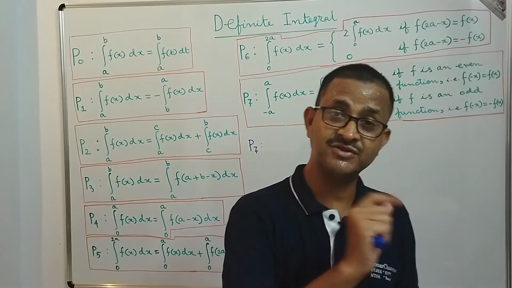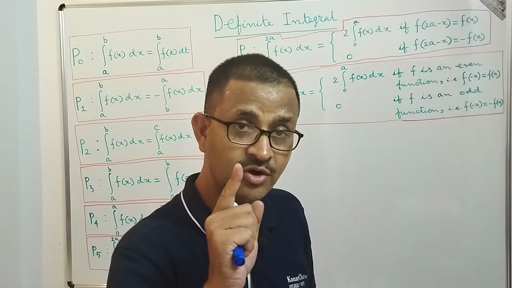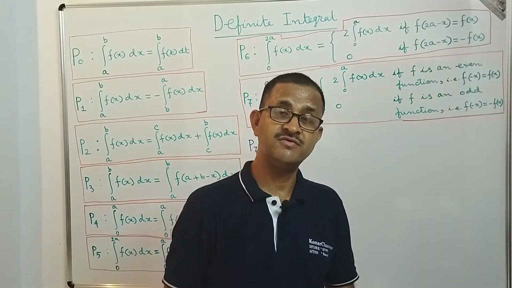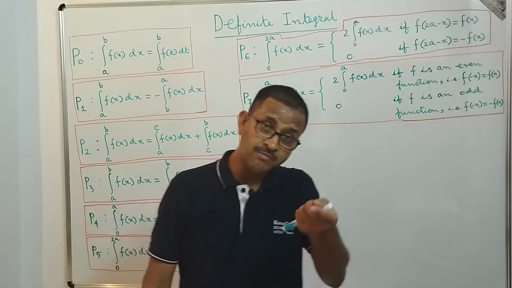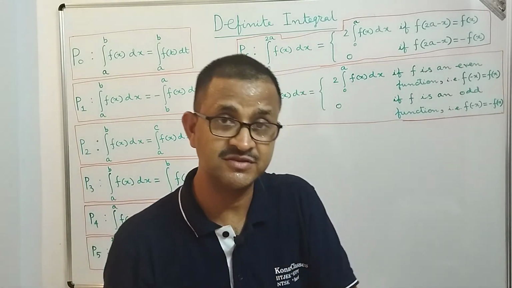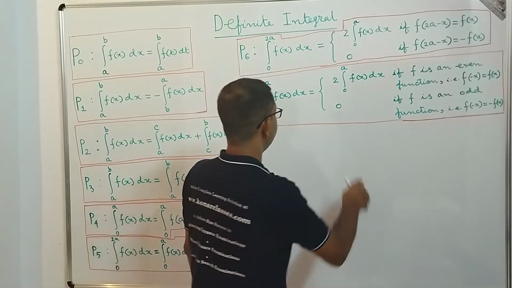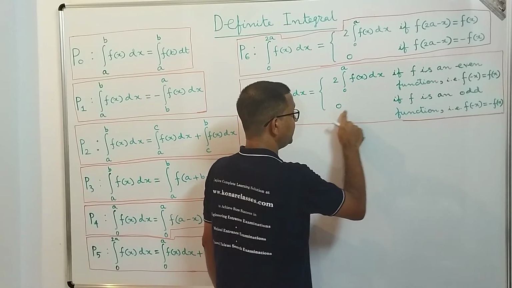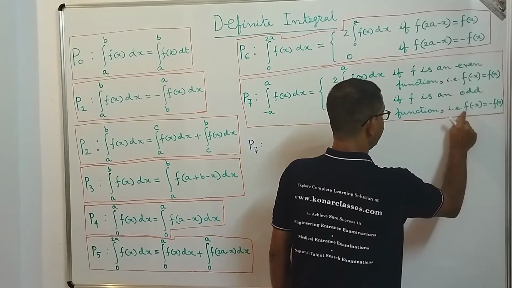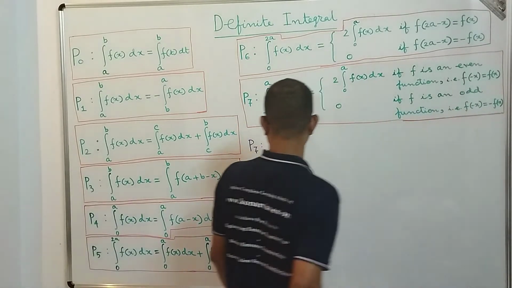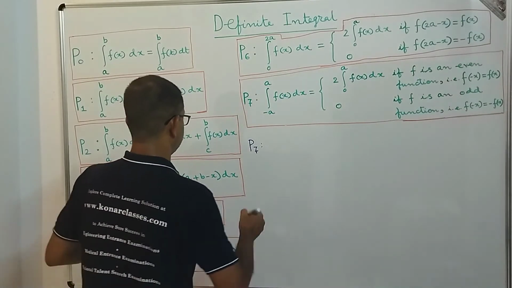If f of minus x equals f(x), then we call f(x) an even function, and if f of minus x equals minus f(x), we call f(x) an odd function. So that will be 0 if f is an odd function, that is f of minus x equals minus f(x). So now let's start.